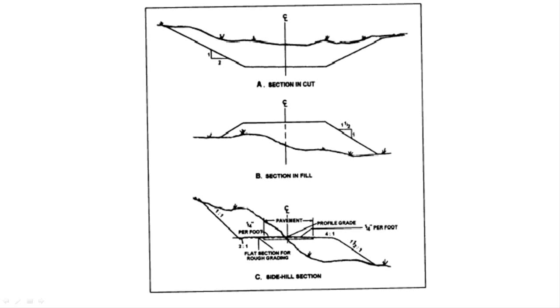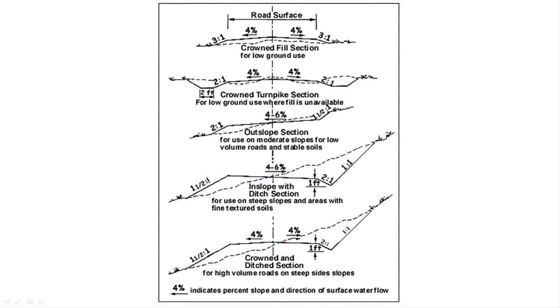So we've cut in A and we're filling in B. And then if we look at C, we've got cut on one side of the road and fill on the other. In this case they've called it a side hill section. That's not a name that I'm particularly familiar with, but nonetheless it could well apply in some countries.